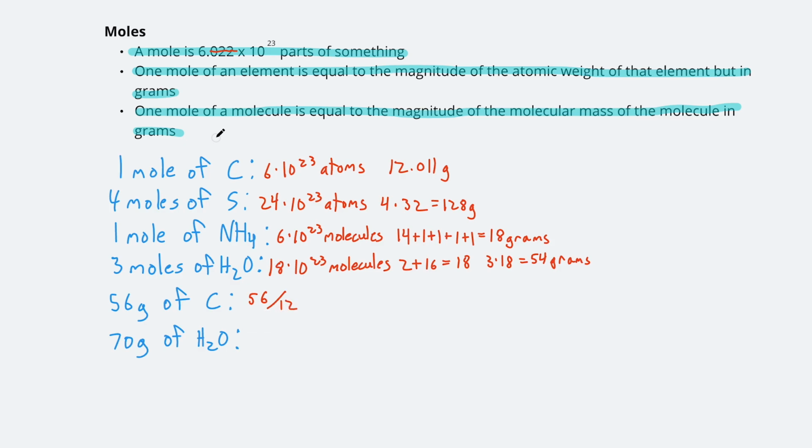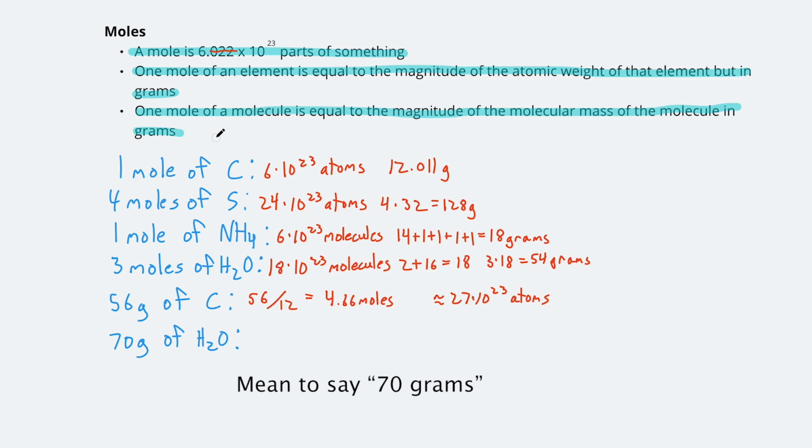And 56 divided by 12 is 4.66 moles of carbon in 56 grams of carbon. And then you could take that number of moles and multiply it by Avogadro's number if you wanted to find the number of atoms of carbon, which, if we want to do that here, you would get roughly 27 times 10 to the 23 atoms of carbon.